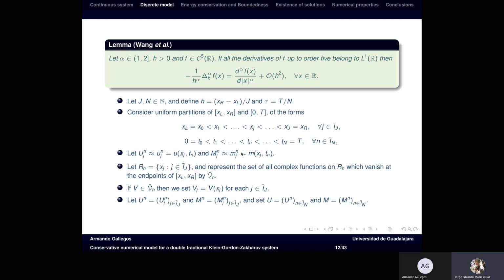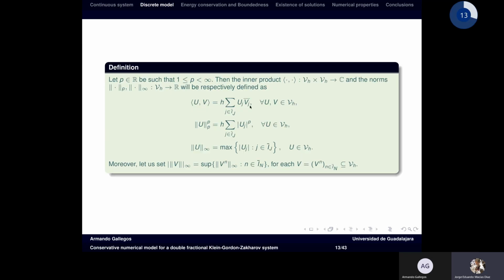So we introduce the usual notation for discretization. We're going to consider a bounded domain in space and time. We're going to provide uniform discretizations. The capital letters are going to be numerical approximations to the lowercase letters. Okay. And we are going to introduce some norms and inner products in the discrete case.